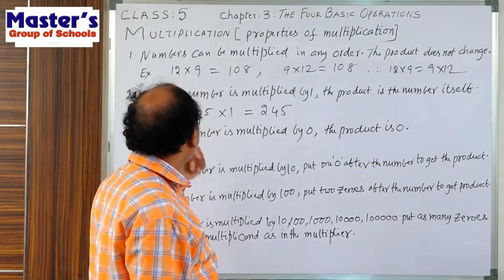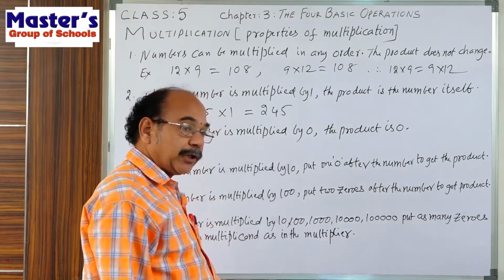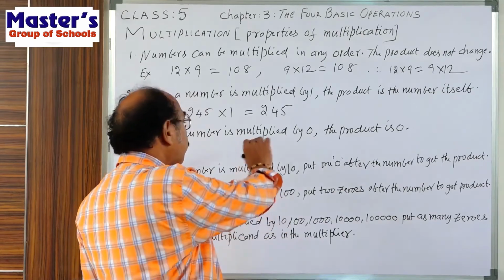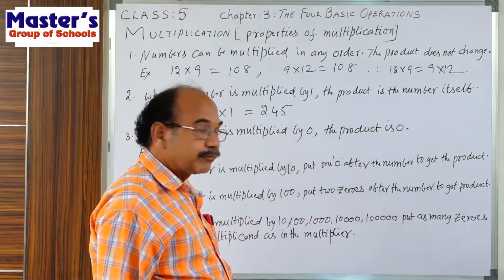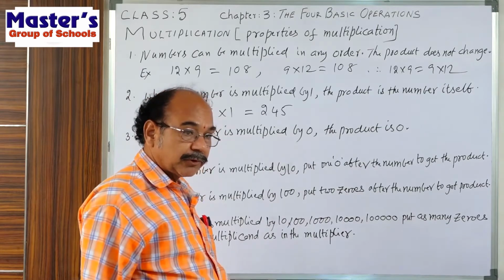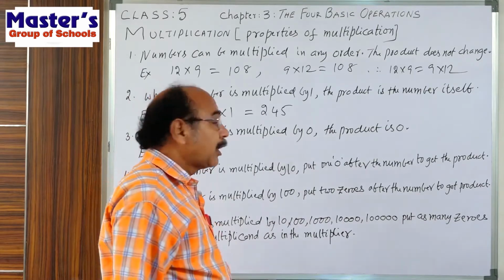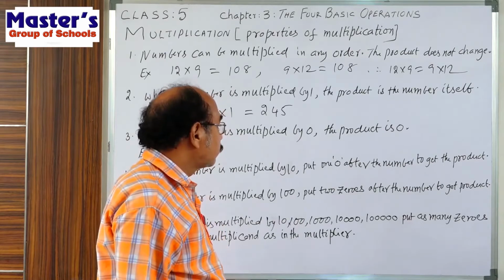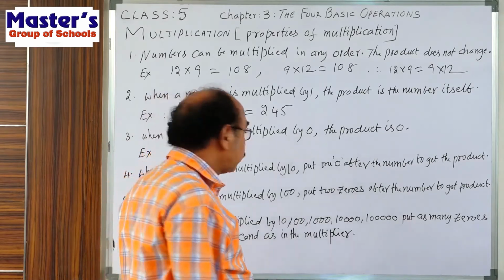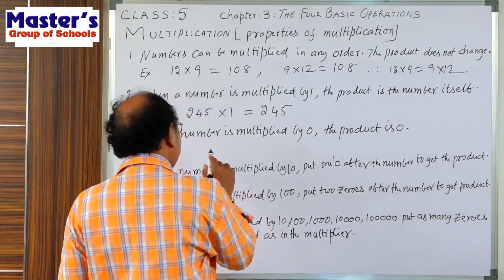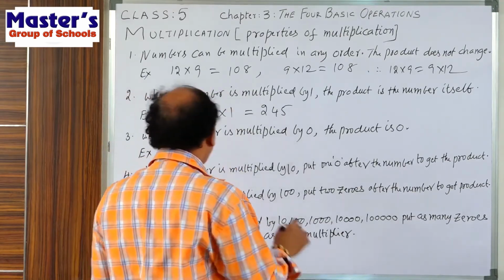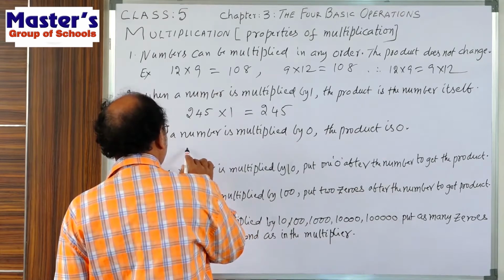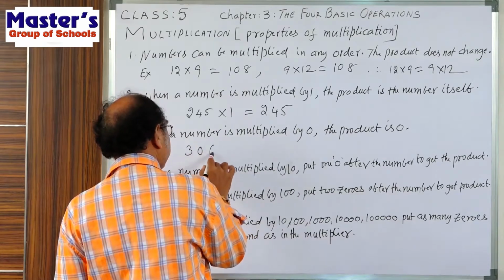Now come to third property. In the third property, when a number is multiplied by 0, the product is 0. Okay. Take one number and multiply it with 0. Then the product is 0 only. For any example you can take. Suppose here 306.